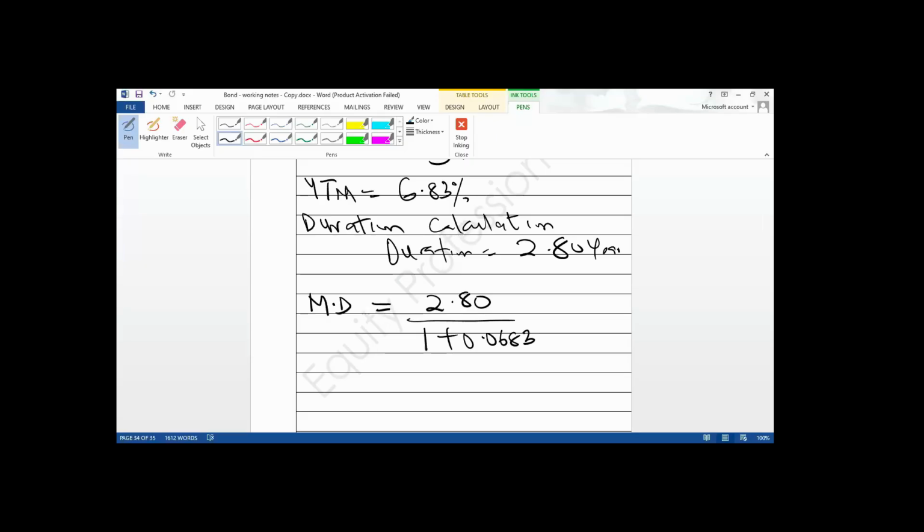So we are now going to calculate 2.8 divided by 1.0683. That will give you 2.62. It takes time for you to put this in.